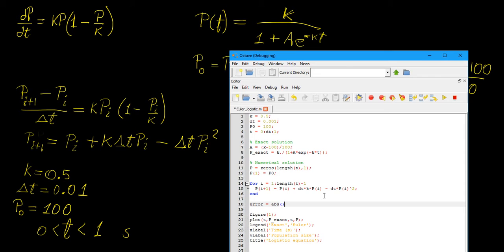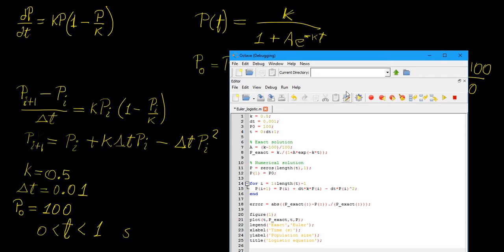So absolute value of the following: p exact, and remember we need to use this, minus p numerical over p exact. And because we're dividing between vectors, we need to use this dot slash notation. And I believe this should be good enough.